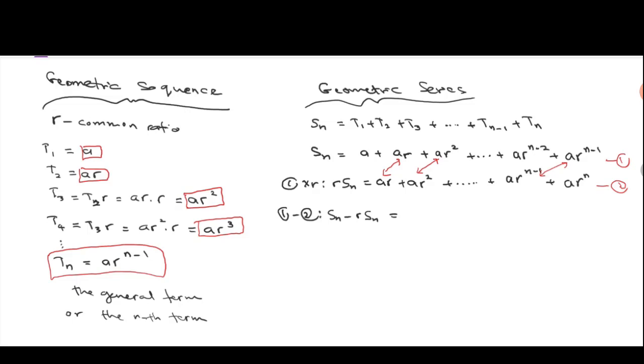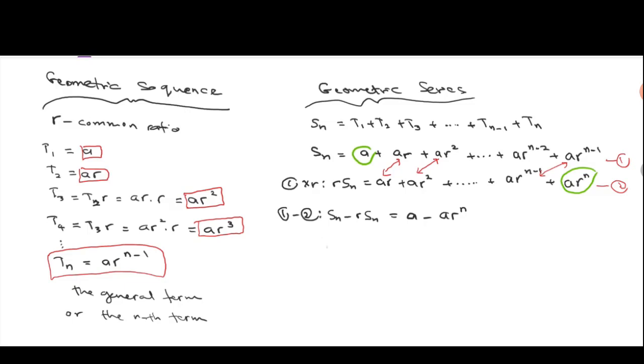So what is left in this equation is a and ar to the power of n. So the right side will be a minus ar to the power of n.